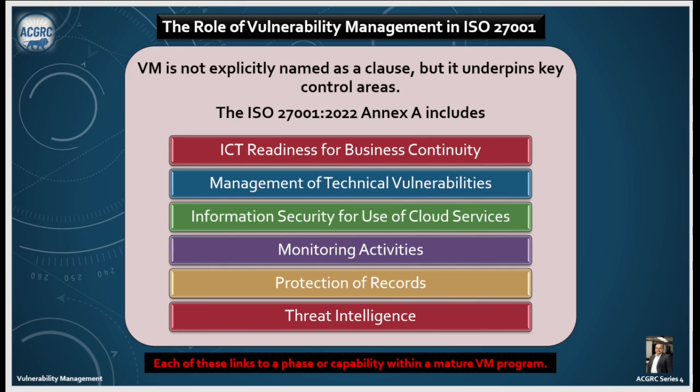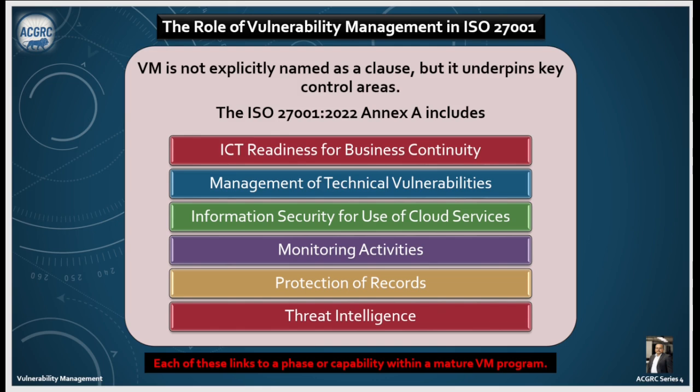How does vulnerability management align in an ISMS lifecycle? Well, it starts off with identify risk, which is running scans, code reviews, and config audits. Second, assess and plan, which is prioritizing based on business impact. Next is treat risk, which is patching, reconfiguring, or applying compensating controls.